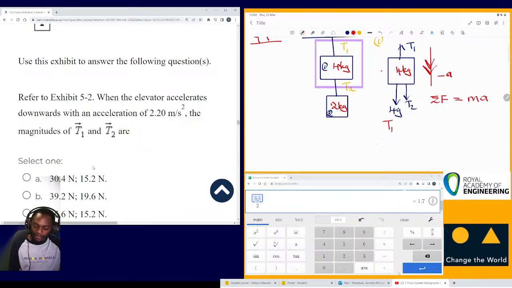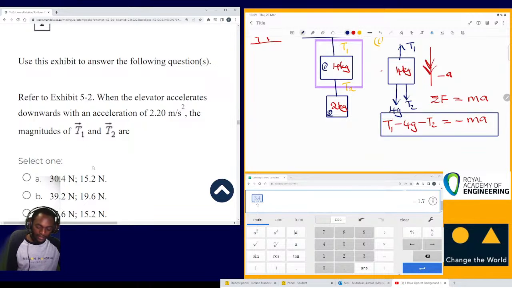Yes, sir. The weight is negative, so it's going to be minus 4g and minus T2, all equal to negative ma, because our a is negative, right? So this is our first equation.